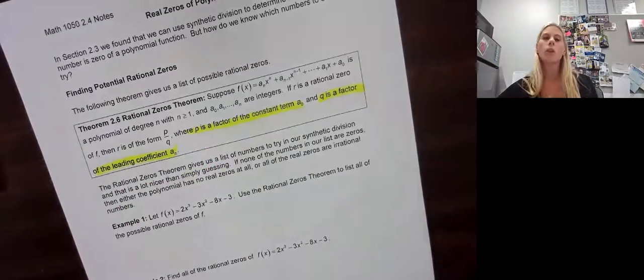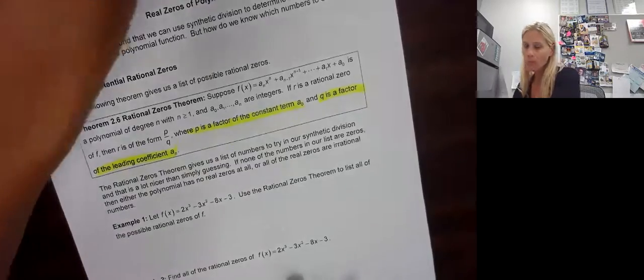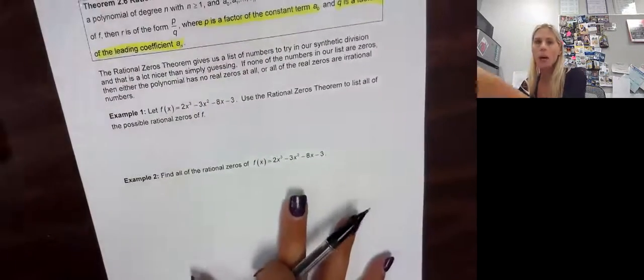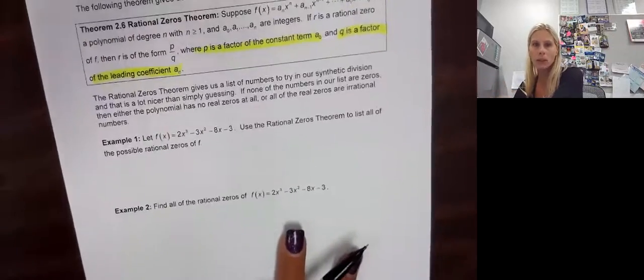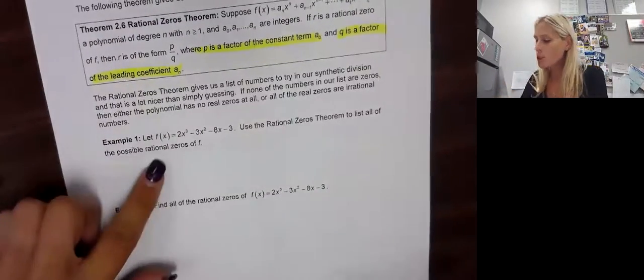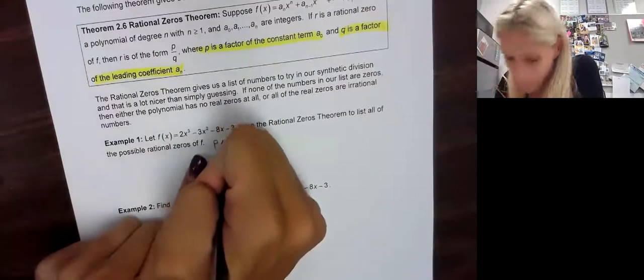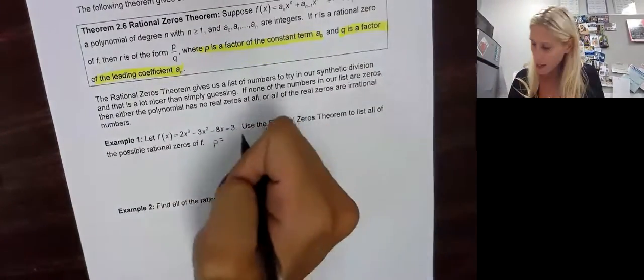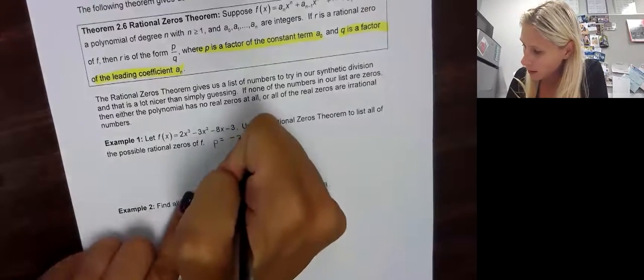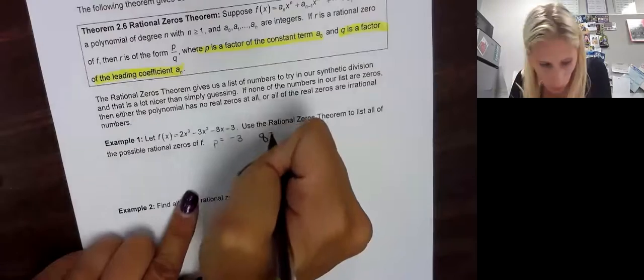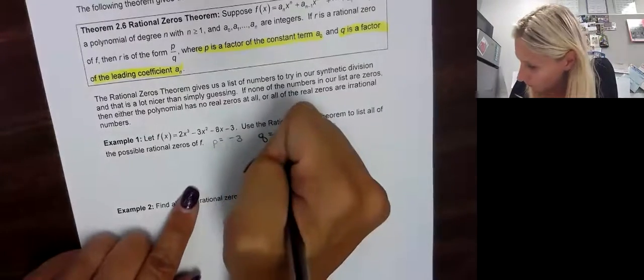Okay, so what we're going to do first is practice listing the possible rational zeros of f. So in this case, P equals -3 and Q equals 2.